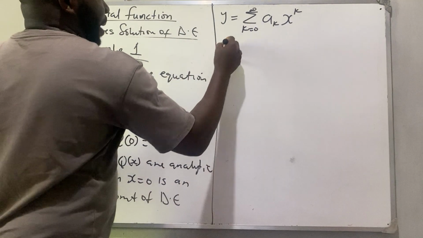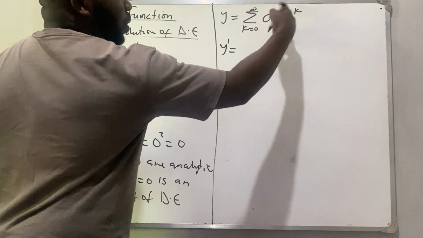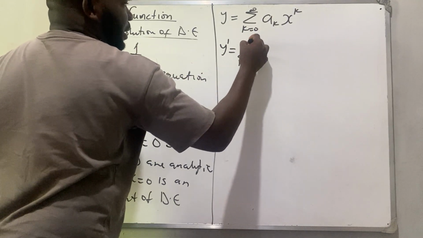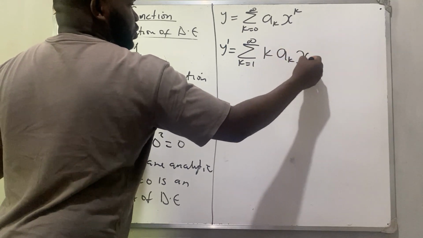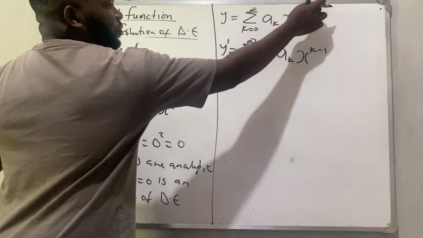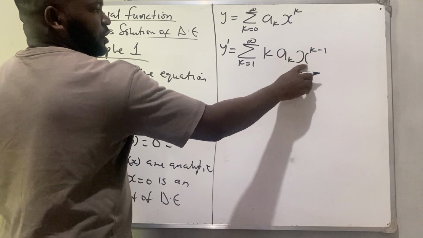And for us to get our y prime will now be to differentiate x. That is multiply by the power and remove 1 from the power. So I have the summation of k starting from 1 now to infinity of k ak x raised to power k minus 1. That is, I multiply by the power, then remove 1 from the power. That is differentiation, because what I'm differentiating is with respect to x.